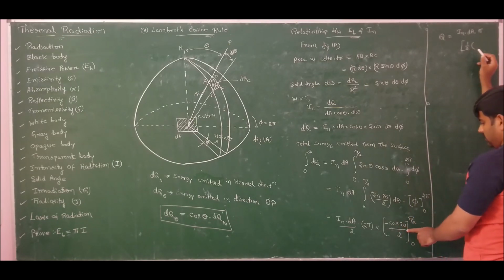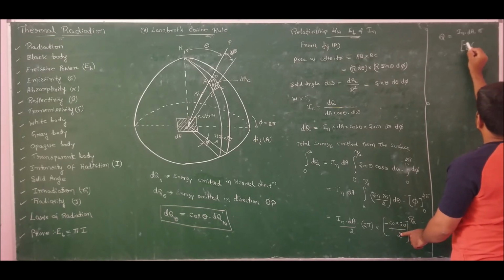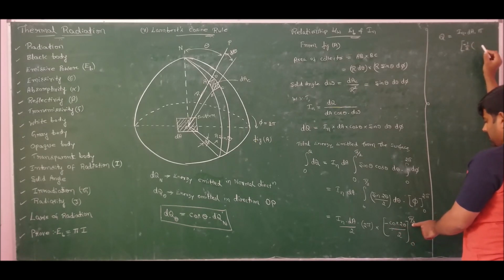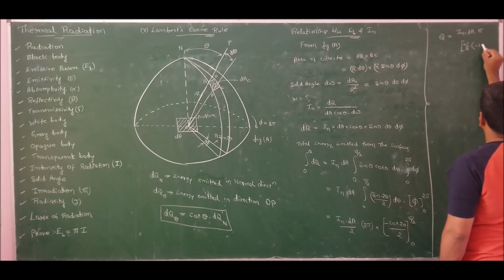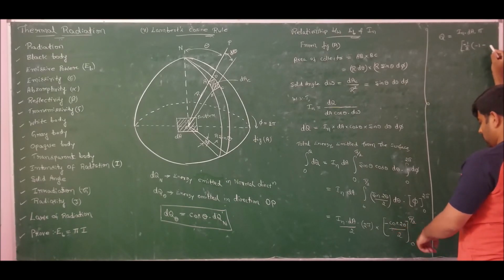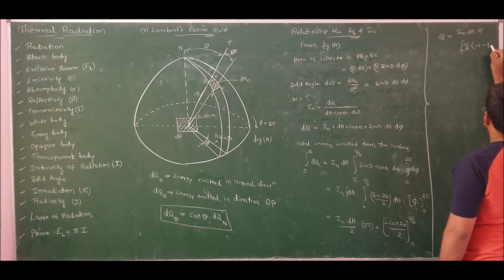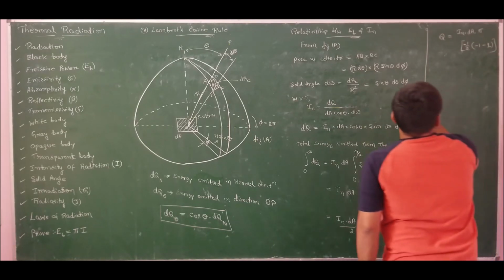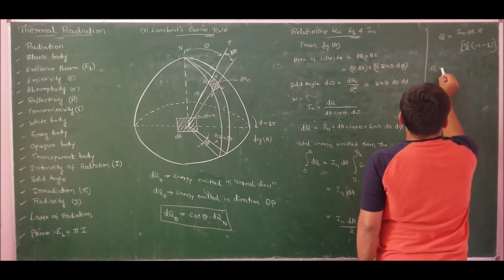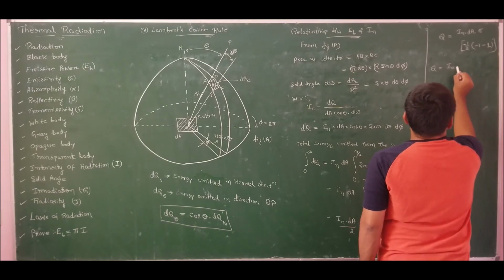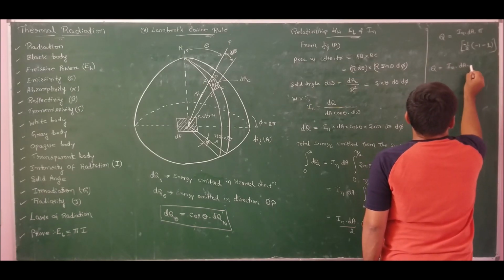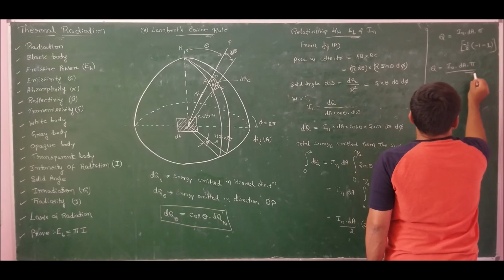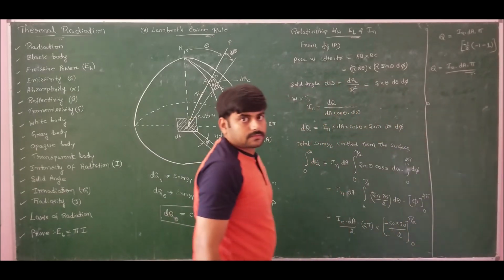If I substitute pi by 2, the 2 will get cancelled. So I will take minus 1 by 2 outside. I have cos 2 theta between pi by 2 and 0. So cos pi is minus 1, minus cos 0 is 1. Therefore, Q is equal to intensity times dA into pi. This is what I got.